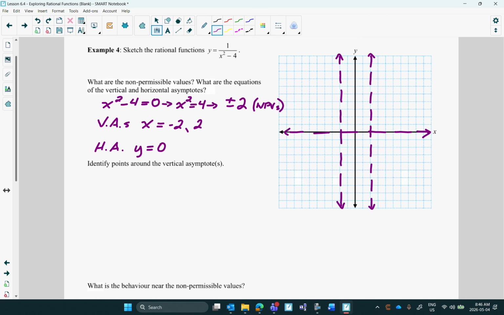So if the vertical asymptote here is -2, I want to see where the point is when x is -3. So I have to plug -3 into the function.